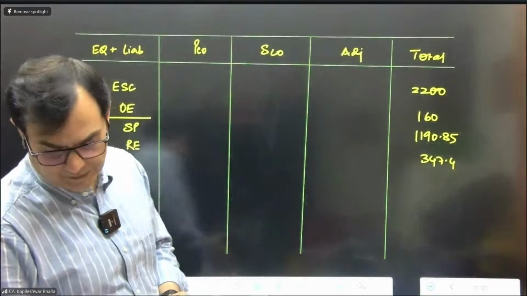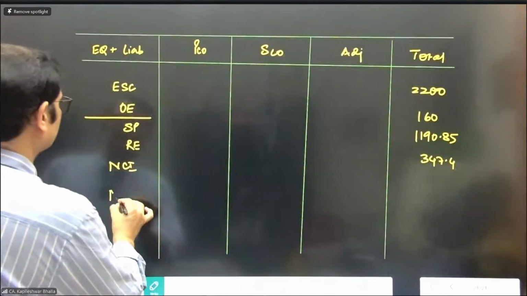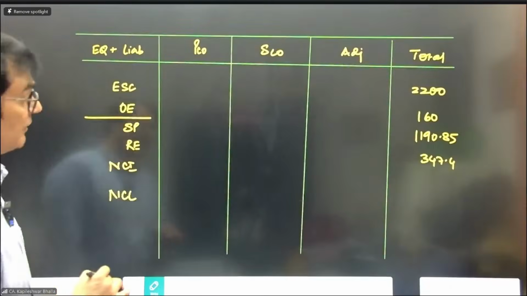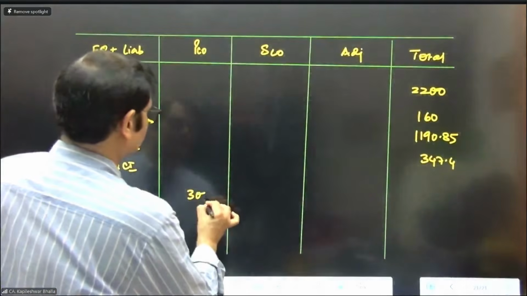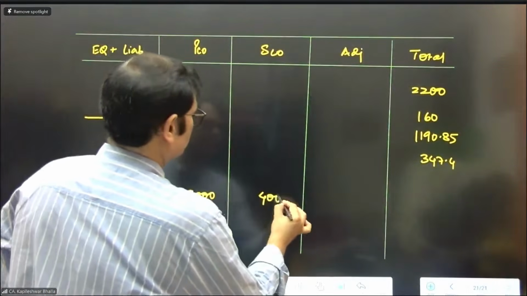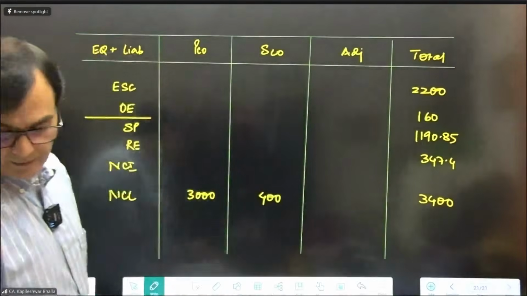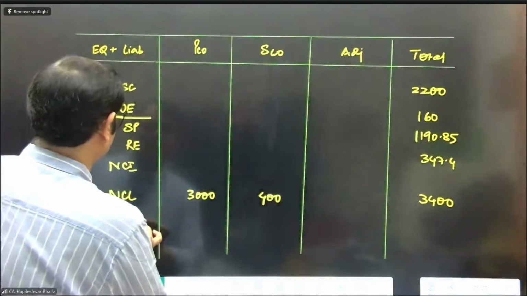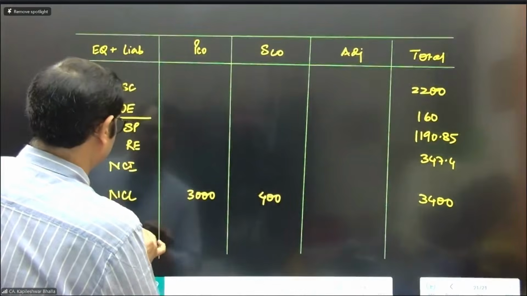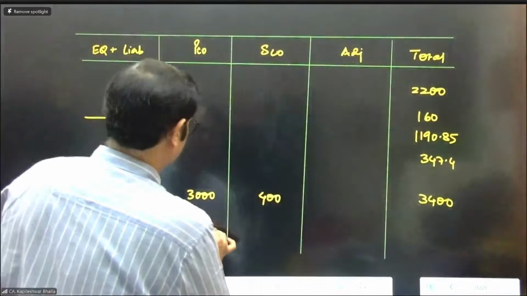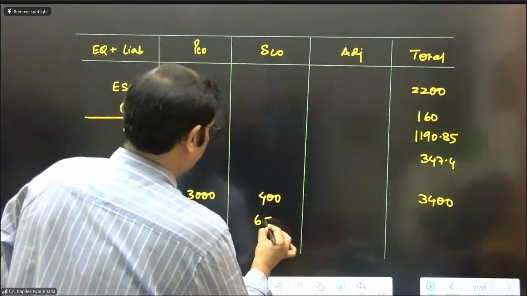Okay, then further we are given non-current liabilities, and that is 3,400. No adjustments, that's 3,400. Current liabilities, lest we forget, we have got a DC as well. Let's take the DC separately. So current liability is 1250 and it is 650.